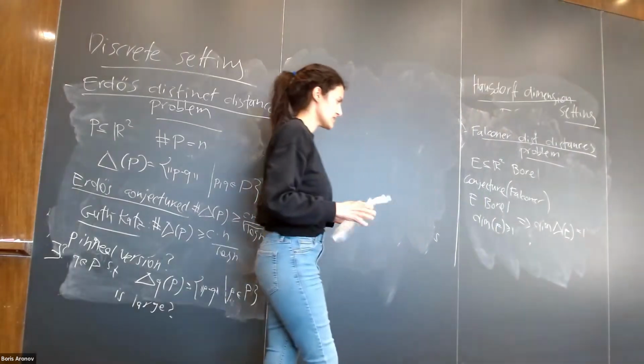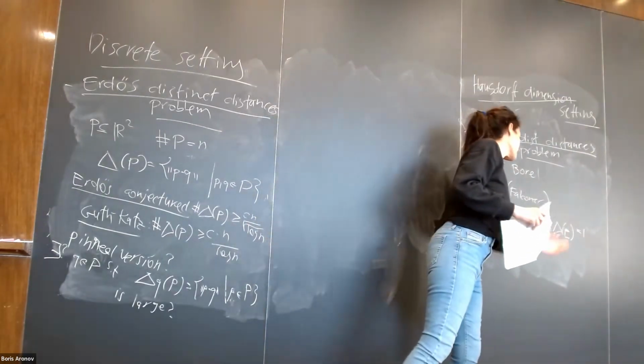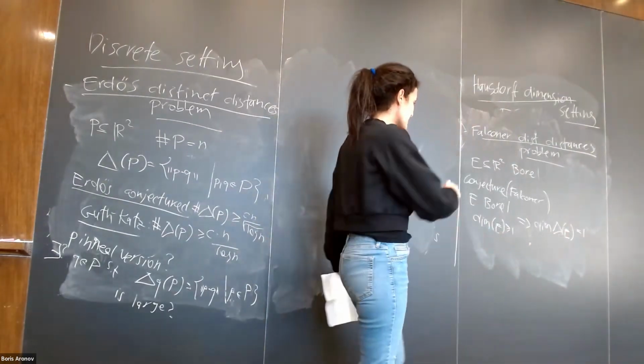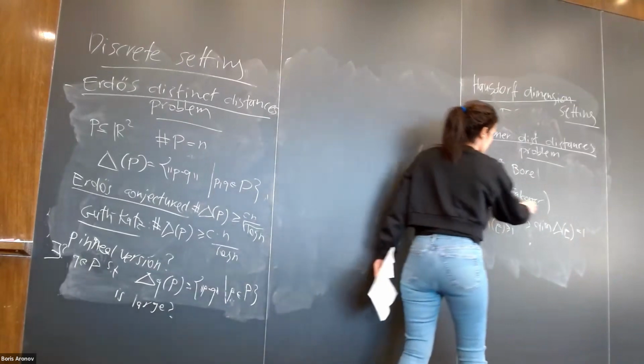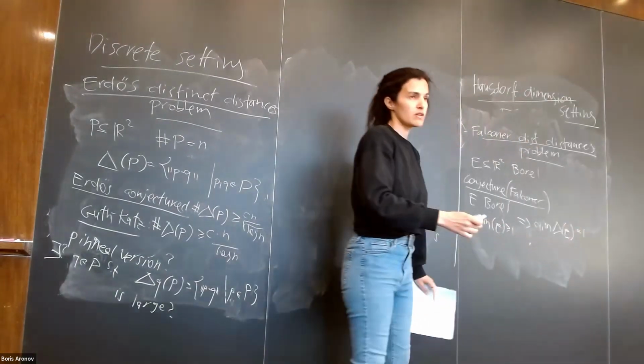The set of distances is in R. So this is the conjecture, and we prove that this dimension must be at least 1/2.